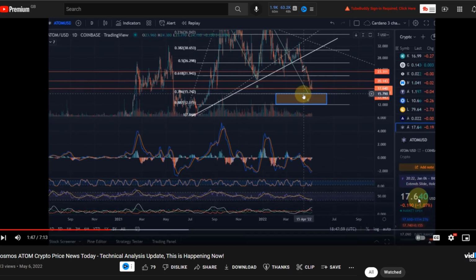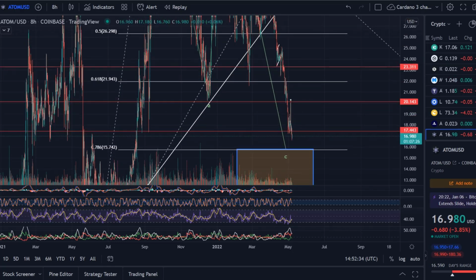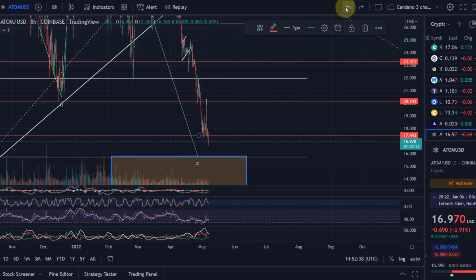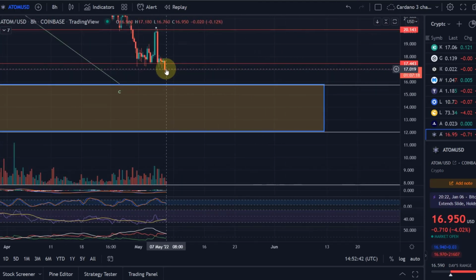You can see that even just yesterday we were at $17.64, and within a day we've now dropped to $16.98. The low today, let's take a quick look at where we actually were. We've come down today, we've broken that level, and we have already been at $16.59.